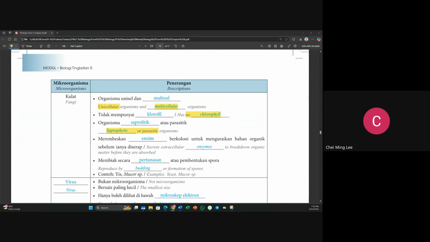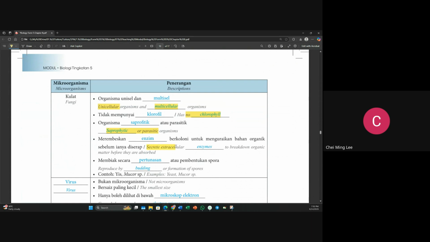The mushroom that live on the dead body, right? This is called saprophytic. Almost like parasite, but parasite live on living host. Saprophytic, they live on the dead carcasses. Like mushroom, some mushroom they live on the dead trunk, right? So these they are saprophytic.